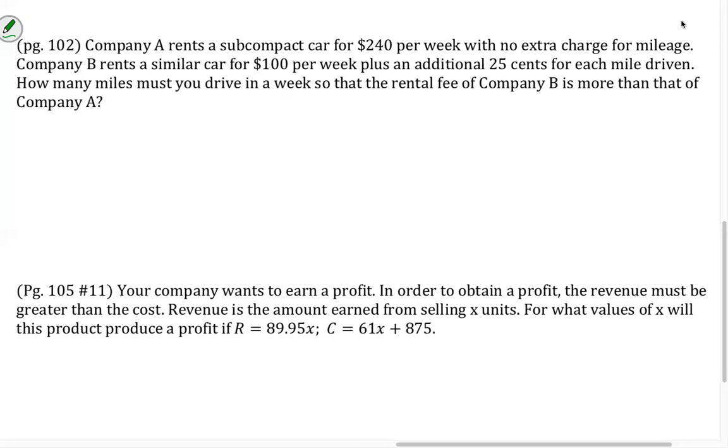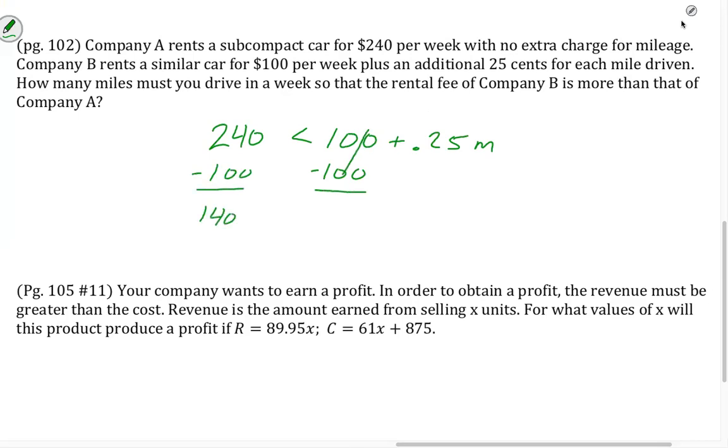So this is going to be $240, okay? Has to be less than $100 plus 0.25m. So just like the last one, I subtract 100. I get 140 is less than 0.25m.